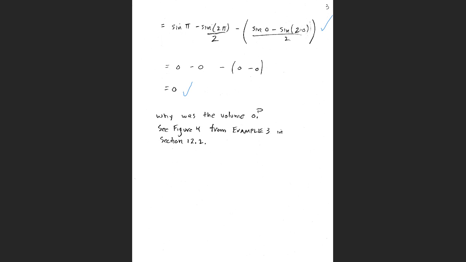In other words, this double integral, which was our original double integral, was the volume between the surface given by y times the sine of xy and the xy plane. That volume is equal to 0.